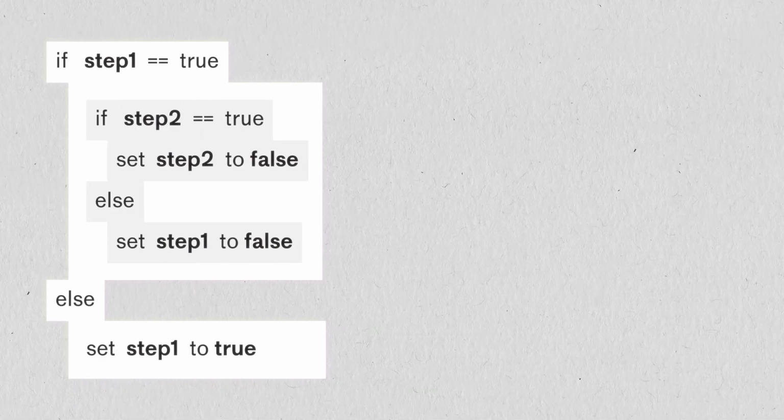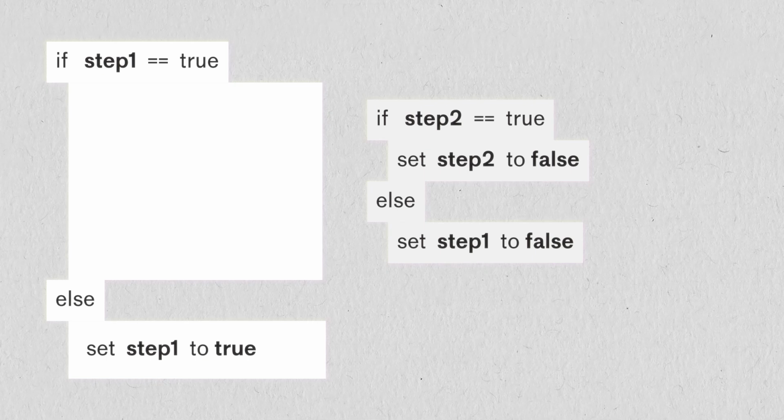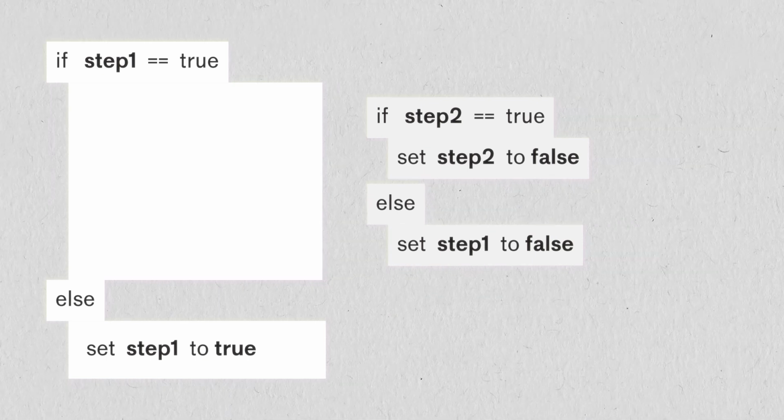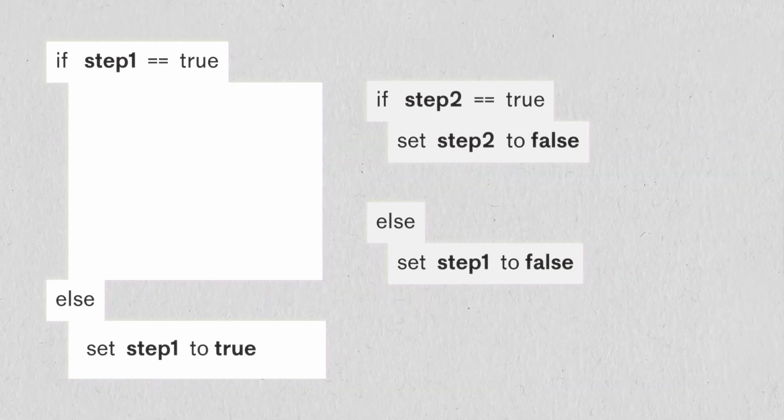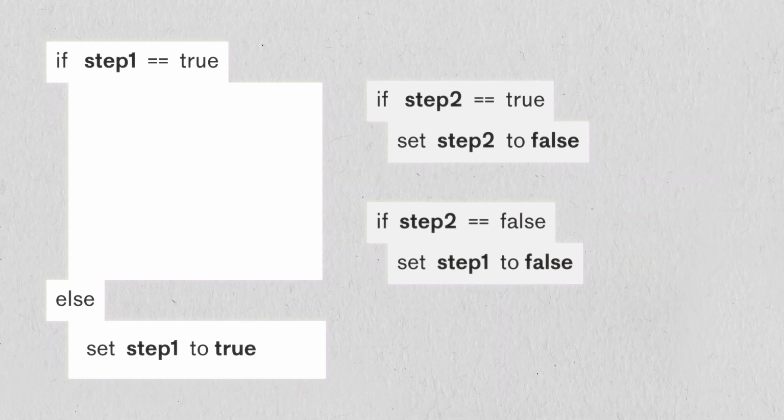So here are two ways that I found to make it work. First, we remove the nested conditionals from inside of the outer conditional, then we split them into two separate conditionals. We turn the else statement into an explicit check for the case where step 2 is not currently selected.